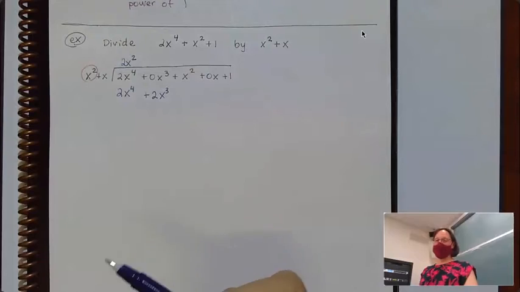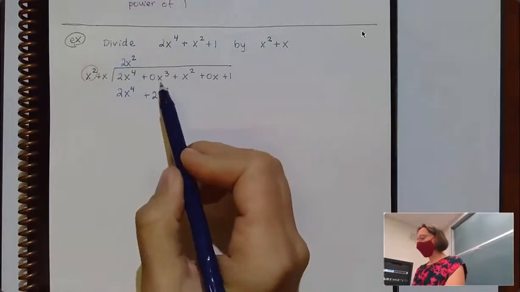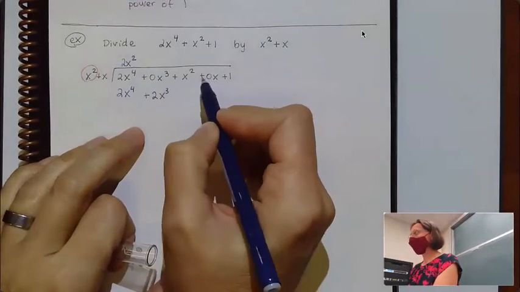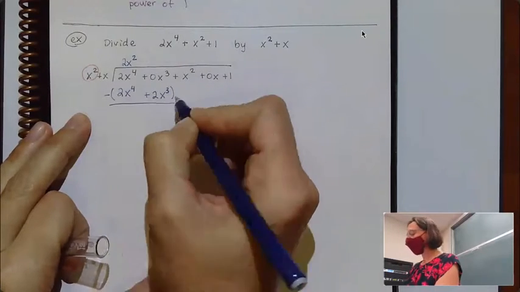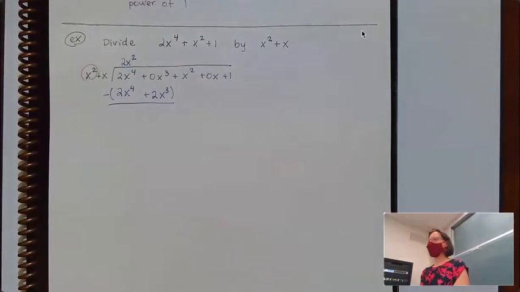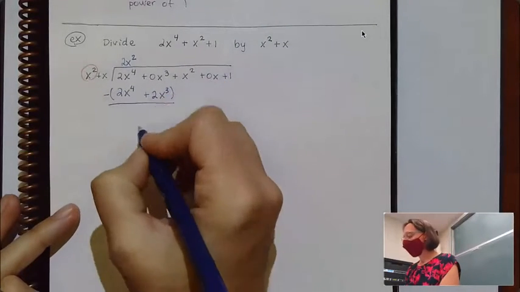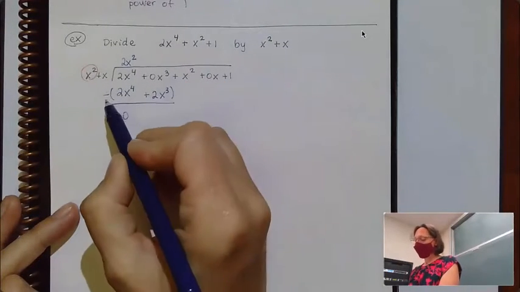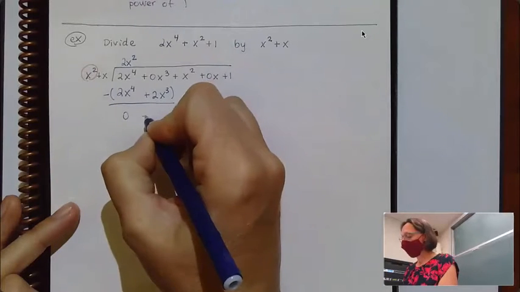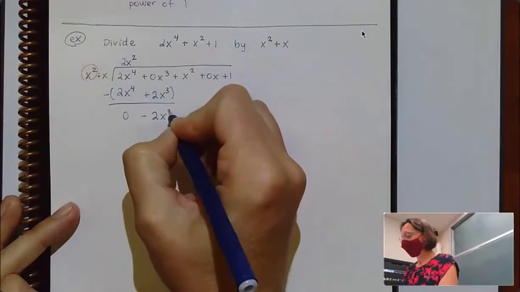In case you missed it, I gave myself the space with a 0x cubed and a 0x so that when I do the subtraction, I'm subtracting like terms. Well, 2x to the fourth minus 2x to the fourth is 0. 0x cubed minus 2x cubed would give me a negative 2x cubed.